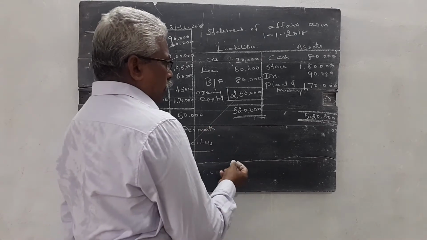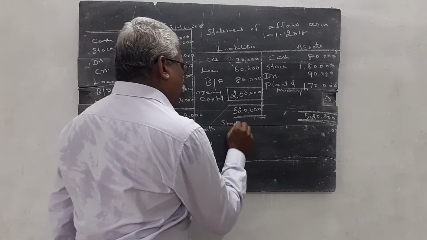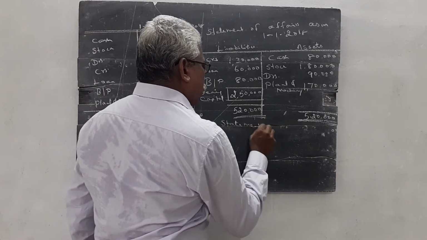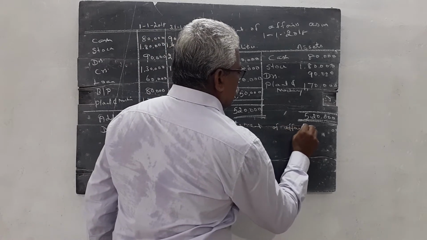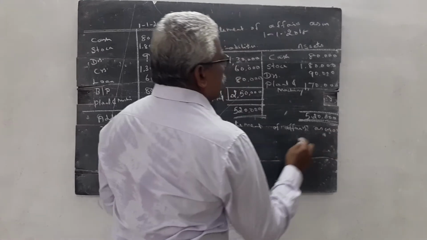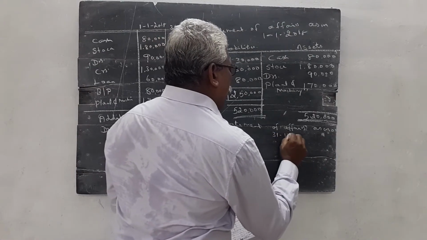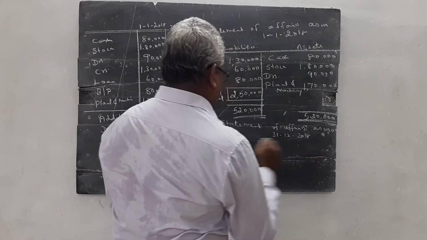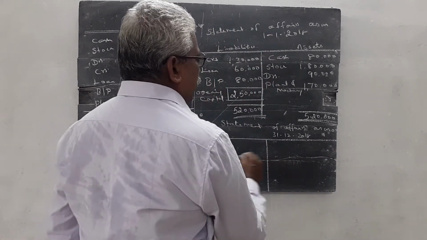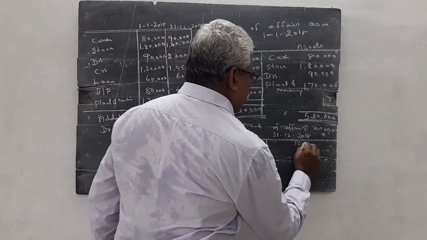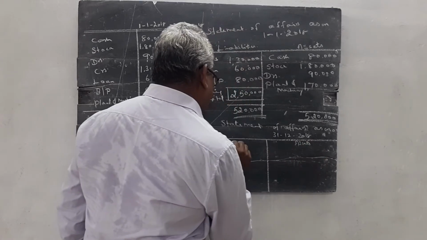Then we prepare closing capital. So the statement of affairs as on 31/12/2018, we have to prepare. This side is the asset side, this side is the liability side.